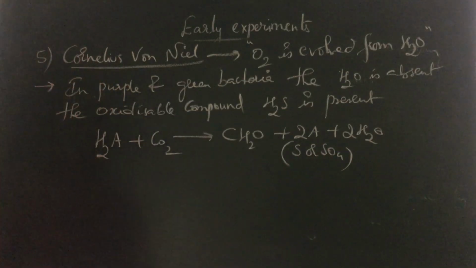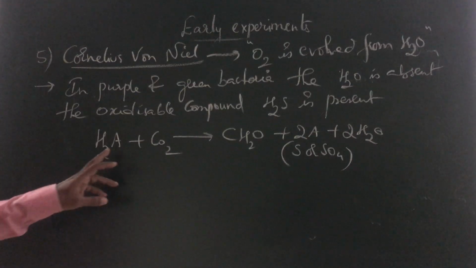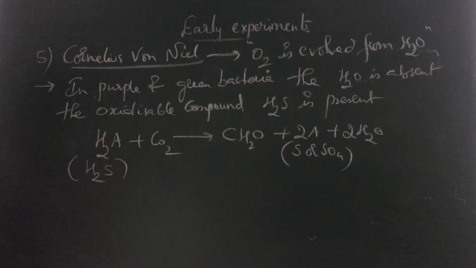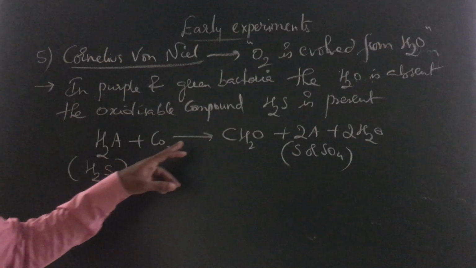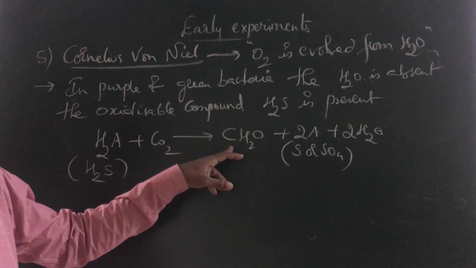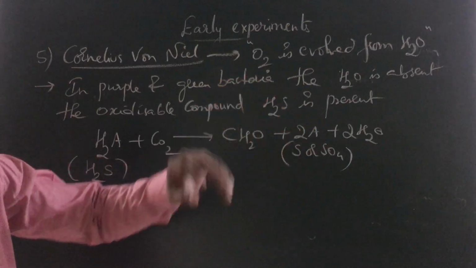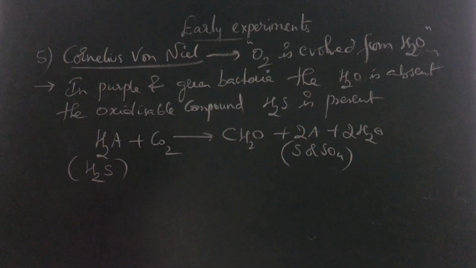If this is H2S, the oxidizable compound hydrogen sulfide, then glucose CH2O is formed, whereas sulfur or sulfate is produced instead of oxygen. So this is proved by the radioisotopic technique.